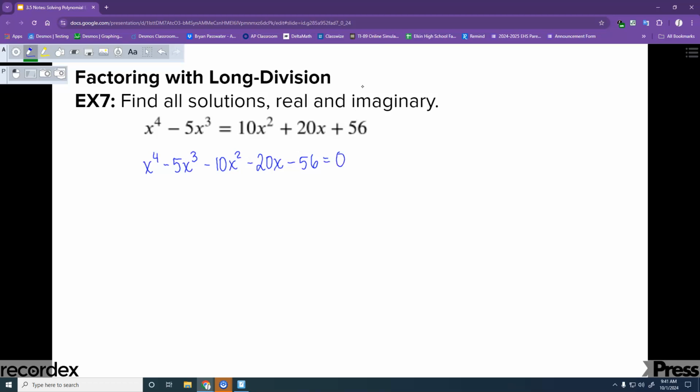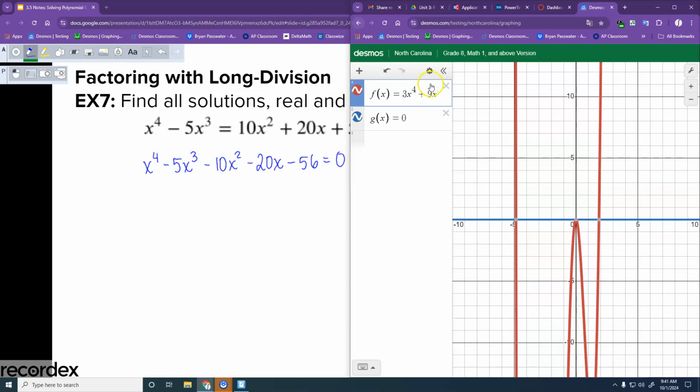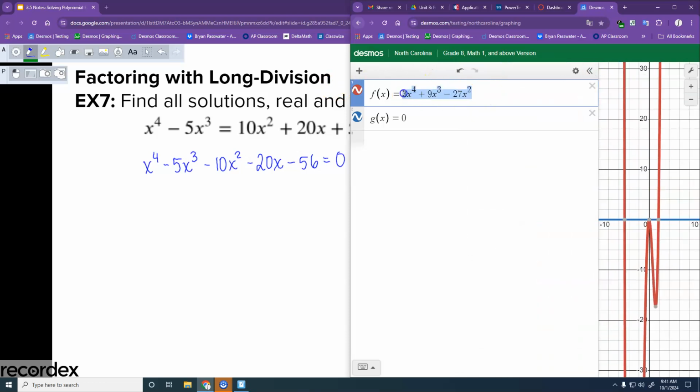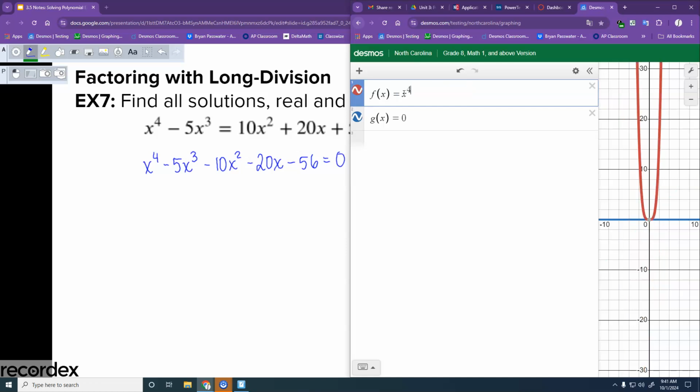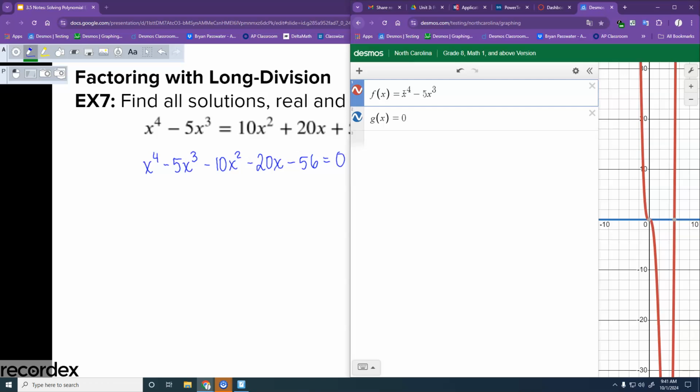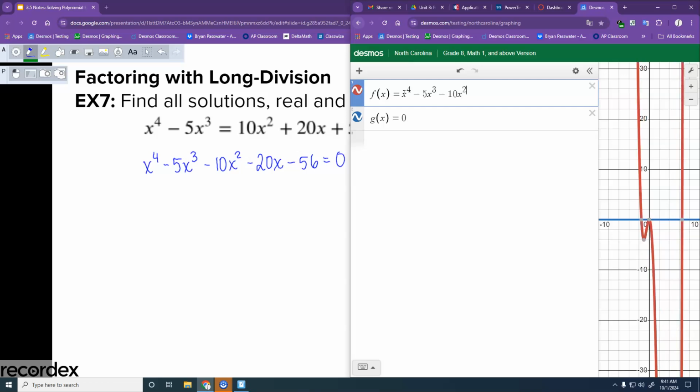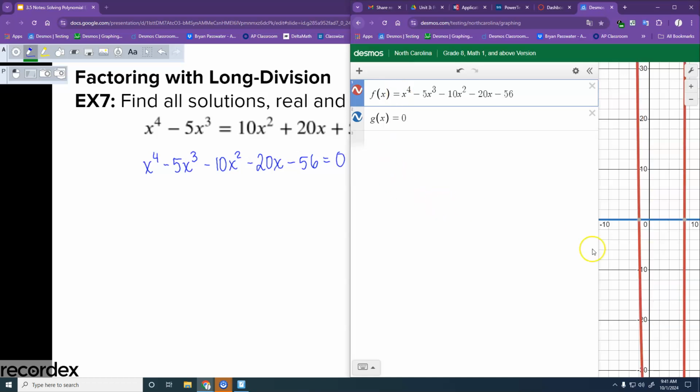Okay? And then we are going to graph this because that will at least help us find our real zeros. So x to the fourth minus 5x to the third minus 10x to the second minus 20x minus 56.